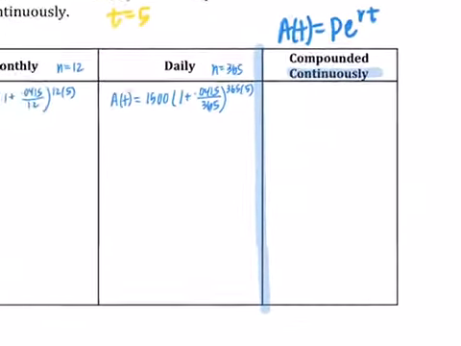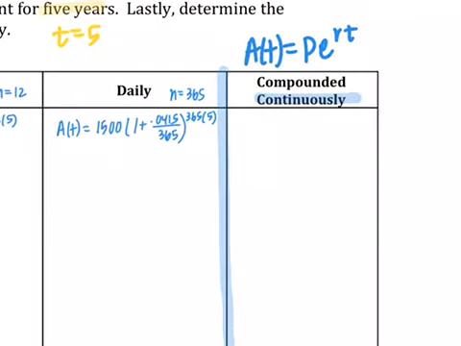The last one that we want to look at, though, is this compounded continuously. We've got A of T, which is the amount after time, equals that 1,500, which is our initial amount, times the base of E raised to the power of RT, so the rate is 0.0415, times the time, which is 5. Okay, so now all you do is go into your calculator and add this.